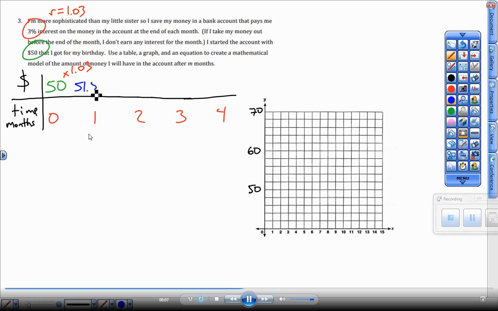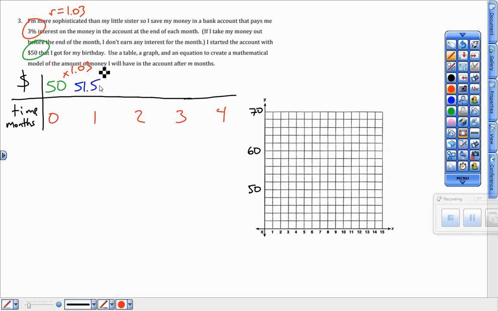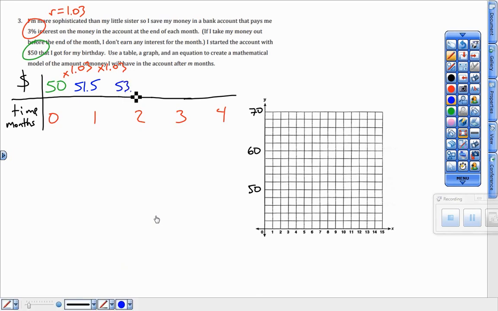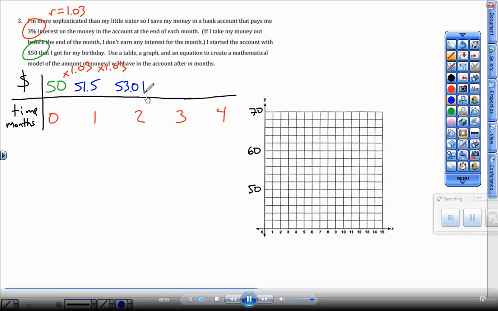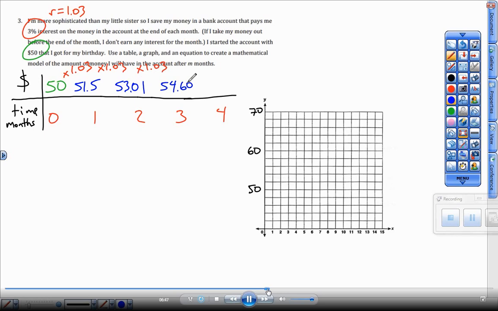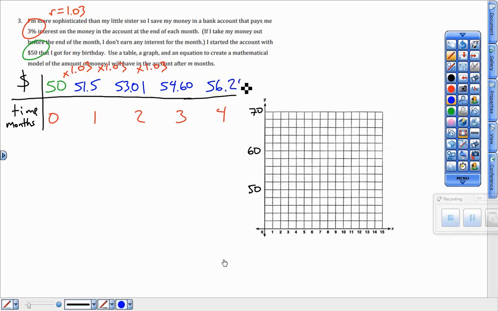Then I take that 51.5 times 1.03, which gives me 53.01 rounded, and then that number times 1.03 gives me 54.60, and then that times 1.03 gives me 56.24.